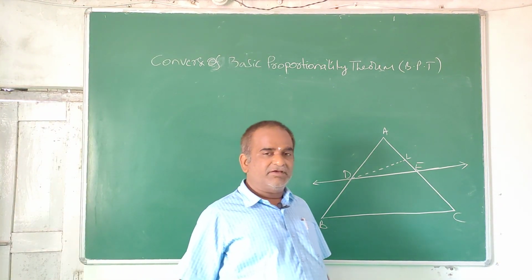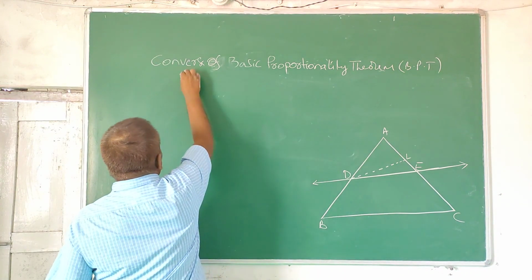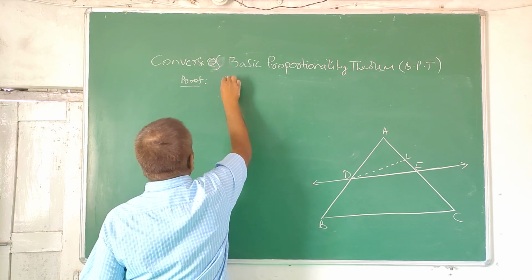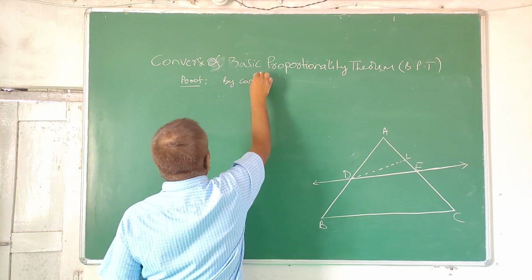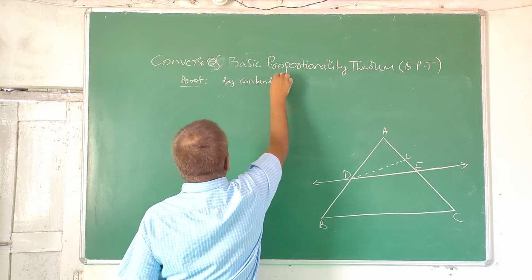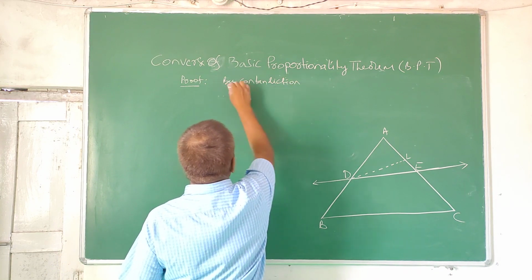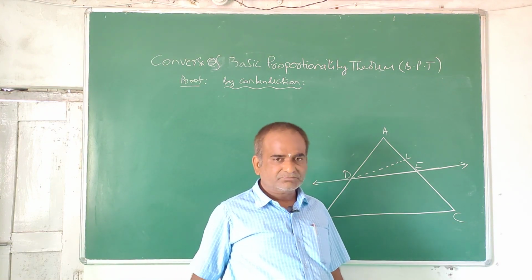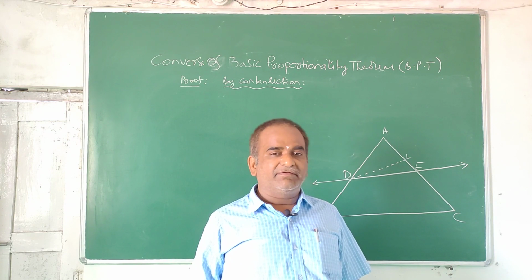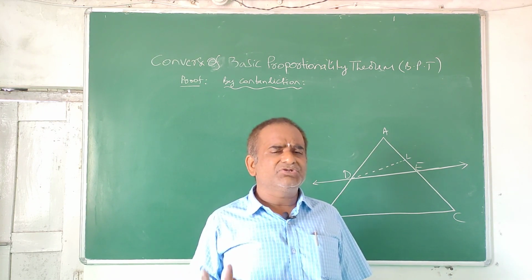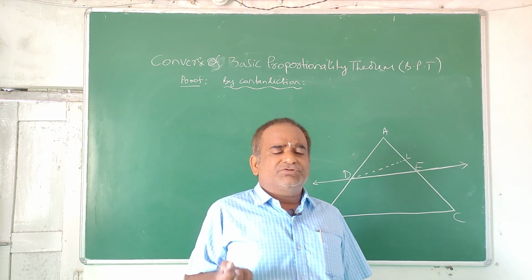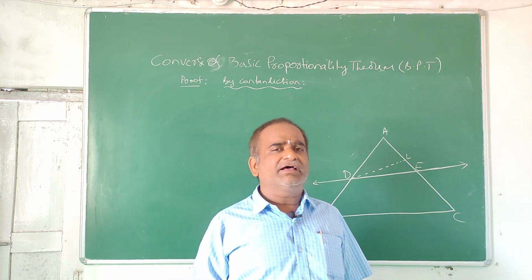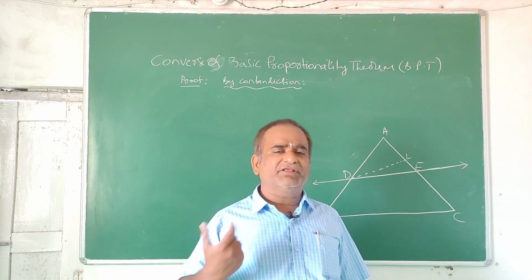So dear students, we are going to prove this theorem by the contradiction method. You all are aware of what the contradiction method is. In the contradiction method, we assume that what we are supposed to prove is wrong, and we proceed further.